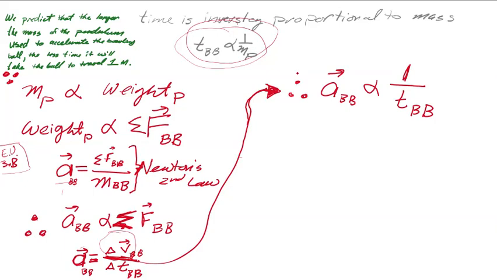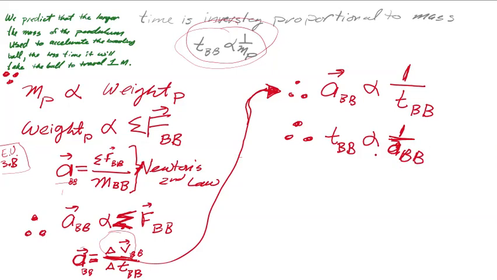Well, look, you can also say this. See how I just took this from this equation? You don't have to write this next step, but this might be useful. I'm just going to switch this around. If acceleration is inversely proportional to time, you can also write it this way, and this might be more useful. That's supposed to be an A with a vector arrow because acceleration is a vector.